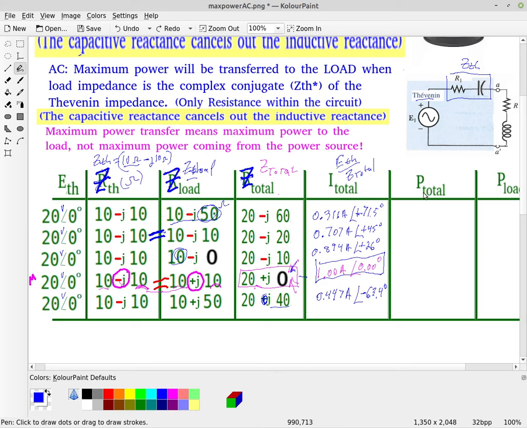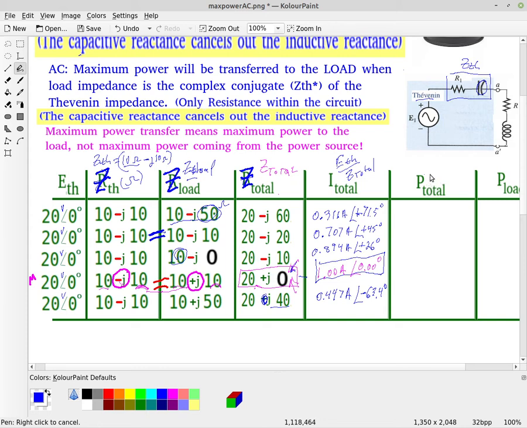All right, so total power then, remember that total power is actual power being used. We're not worried right now about the power being stored within the capacitor or power being stored within the inductor.